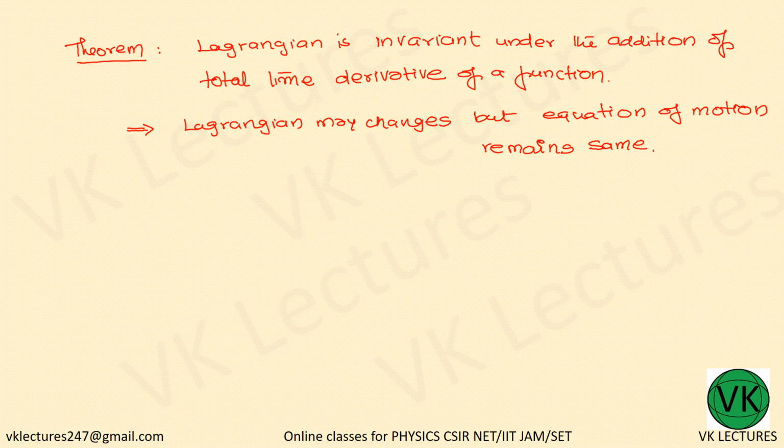Okay, so according to the theorem, L dash, that is the new Lagrangian, is equal to L plus or minus df by dt. So we are adding a function which is a total time derivative, and f is called the gauge function or generating function.